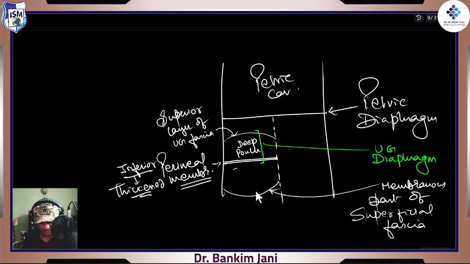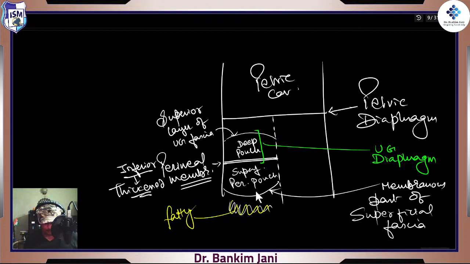And this would be the superficial perineal pouch. And what about this part? We should draw it with yellow because this is the fatty fascia. That's where the fat is. So this is how things are arranged.